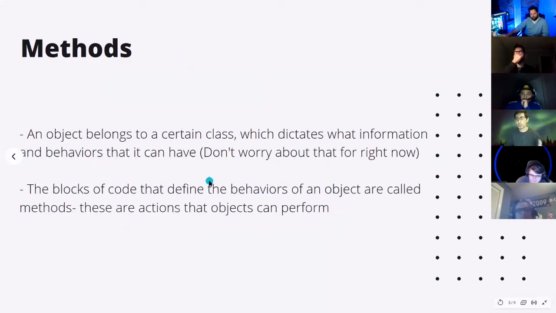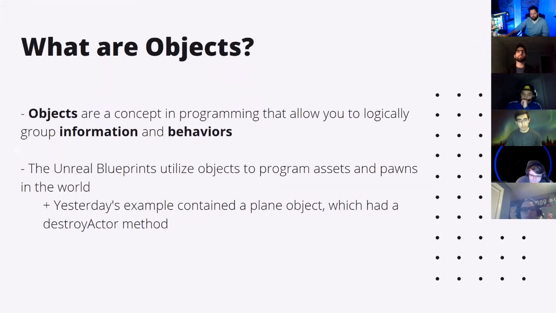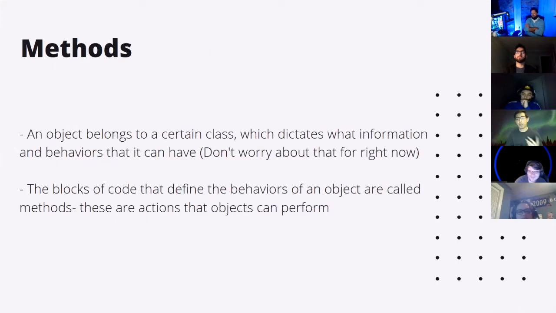So one of those terms I mentioned earlier is that objects have two very important things: information and behavior. Well, how do we define those behaviors? We define what an object can do by chunks of code called methods. If you think of objects like that, methods are basically everything that an object can act on.